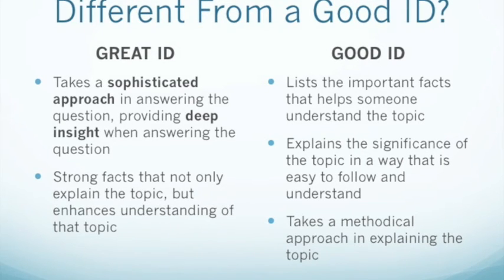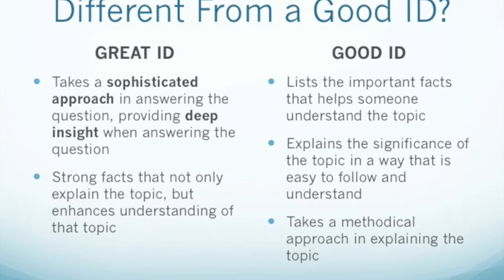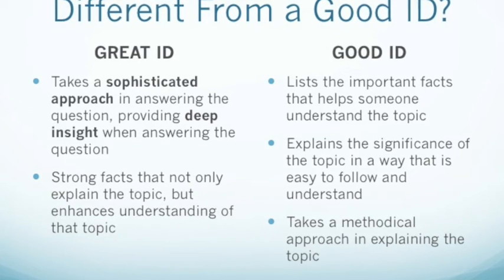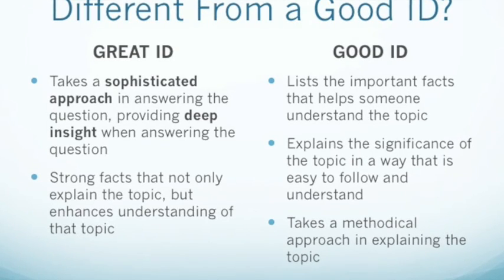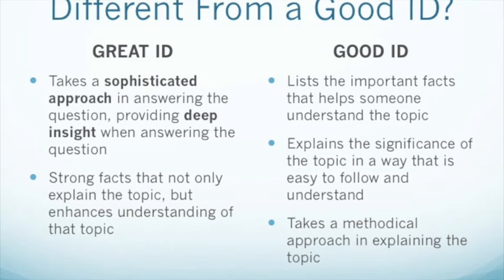Ultimately, what I want to see is a sophisticated logical thought process that not only answers the question, but also helps shed some light on why we should care about this event or this concept in practice.